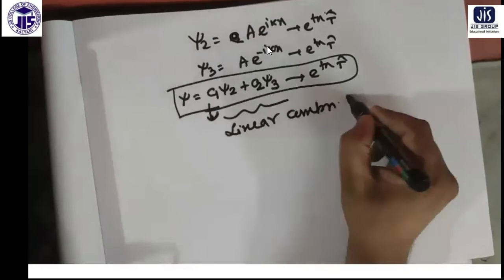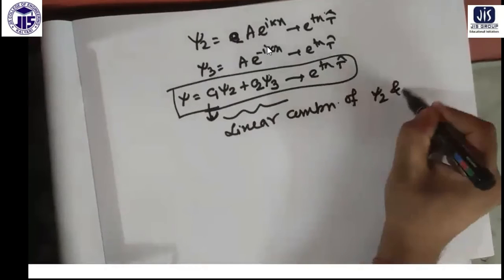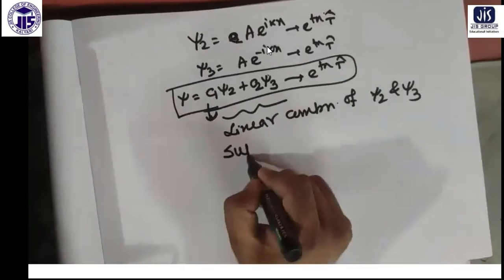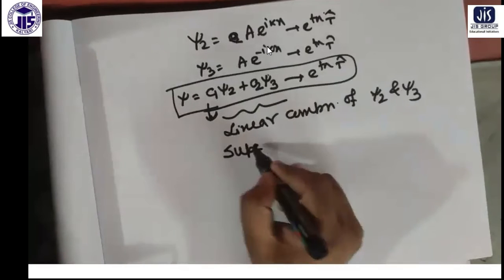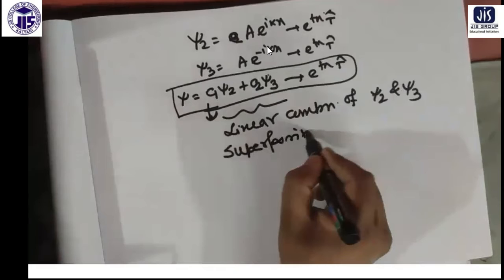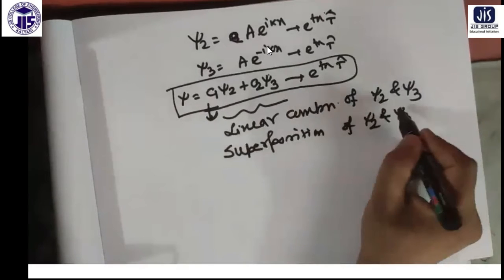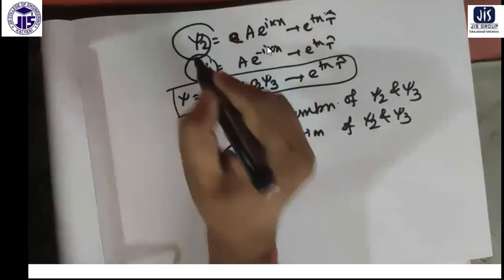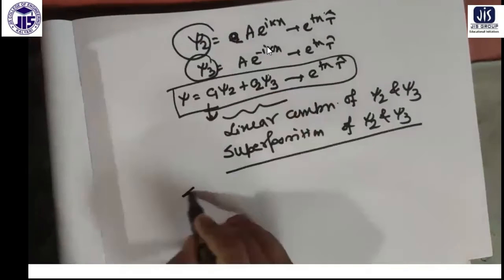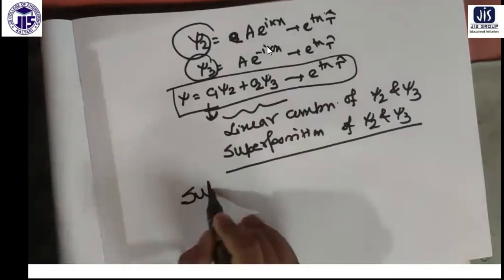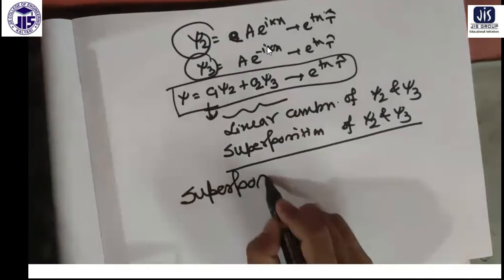Linear combination of psi 2 and psi 3, or you may say this is the superposition of psi 2 and psi 3. So if individual functions are eigenfunctions of an operator, their superposition is also an eigenfunction of the same operator. In literature, this is called the superposition principle.